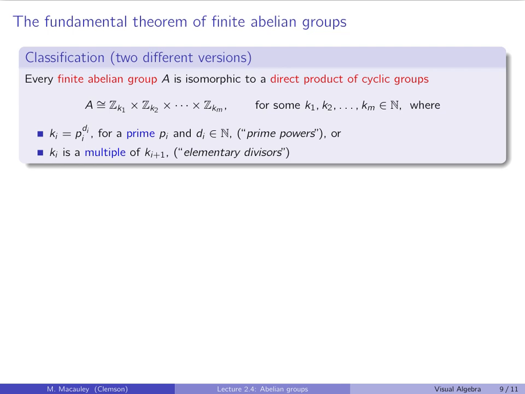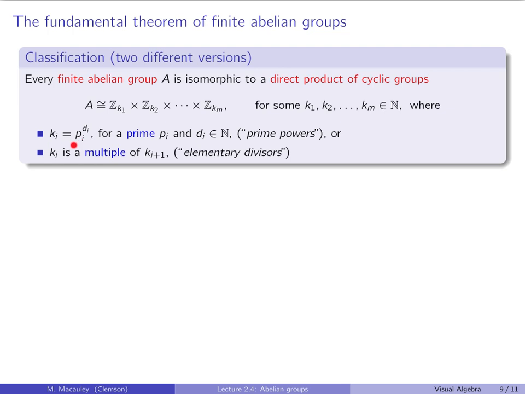Now that's great, but we'd also like to be able to classify these, come up with a complete list of them so we don't have any repeats. So there are, fortunately, 2 canonical ways to organize these factors so we don't double count or miss one. One way is called by prime powers, where we're going to assume that all of these factors are powers of some prime.